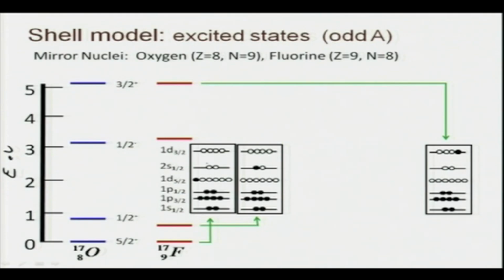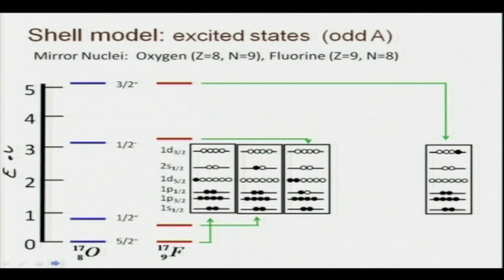And if we break that and put one of the neutrons from there to 1d5/2, the neutron in the pair in 1p1/2 breaks away and goes to 1d5/2 and joins that 1d5/2 unpaired neutron, and becomes a pair.